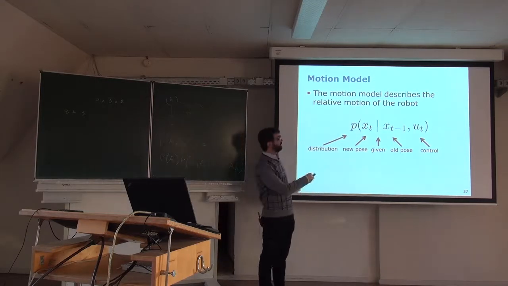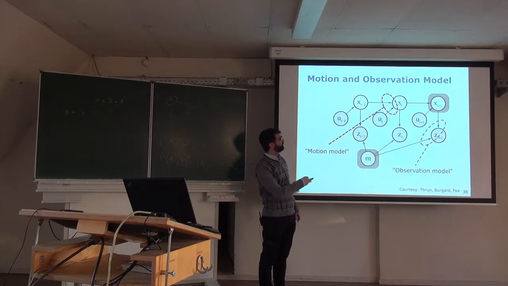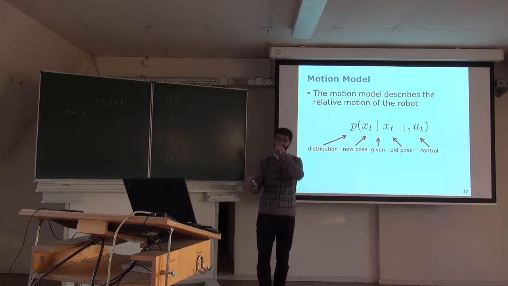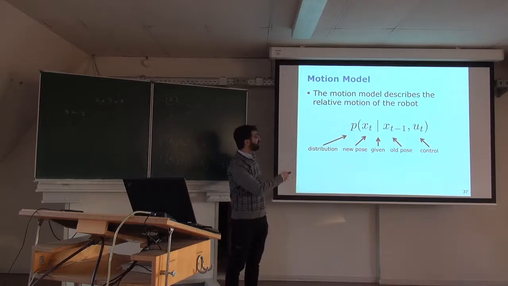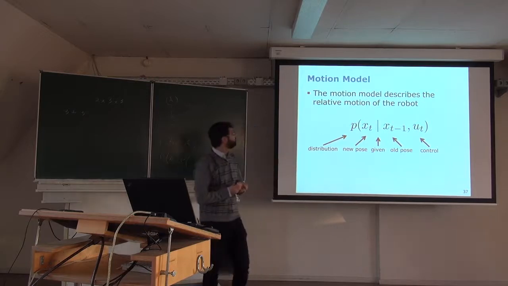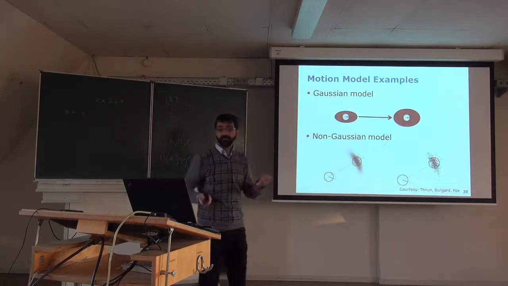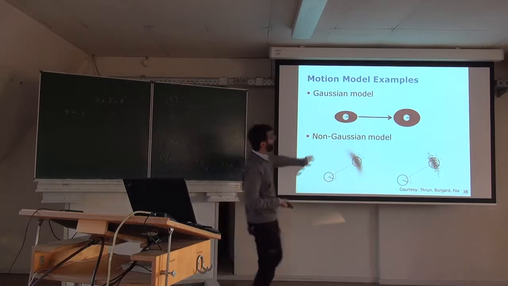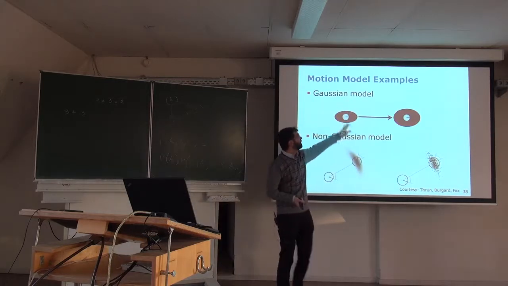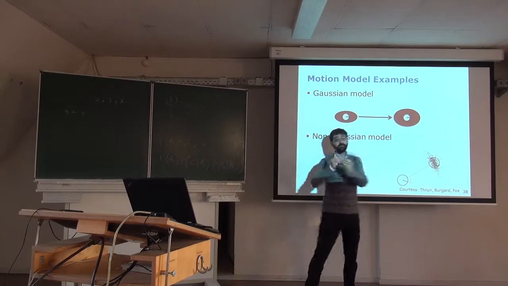As the motion model, we can write it like this. Again, the fact that we can remove a lot of the variables which are in here is because of the independence that we mentioned. So we just care about these three variables when we talk about the motion model. One example of a motion model is a Gaussian model. We are here, the robot moves, so we change the mean of the Gaussian.